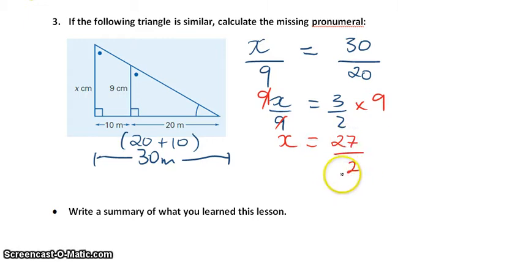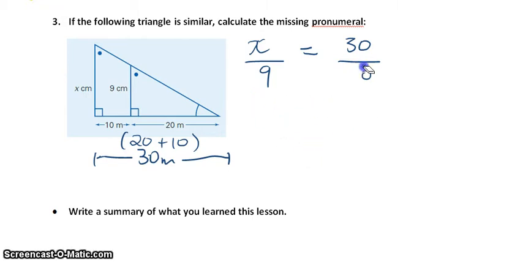Now, before I go on any further, I just realized something that I've missed. Can you see what it is? It's going to change all of this dramatically. I'll point it out in case you haven't figured it out yet, but you probably have, because you're all pretty smart cookies. These are in centimeters, but these are in meters.